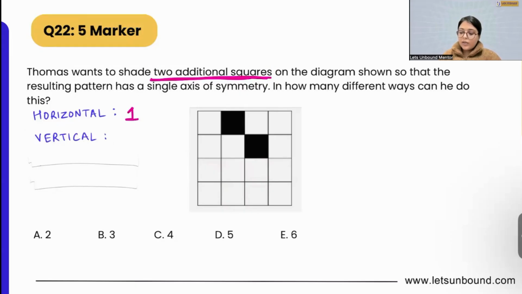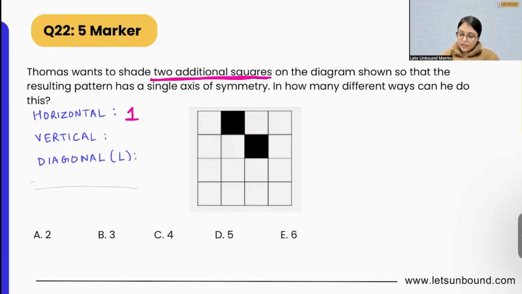Now let's come to the vertical. If I draw a vertical axis of symmetry, what are the possibilities of adding two additional squares? I think here and here, so that the pattern is symmetrical. So there is only one possibility for the vertical axis. Moving on to the diagonal, because the diagonal is also one of the axes of symmetry. Diagonals are possible from two sides, left and right.